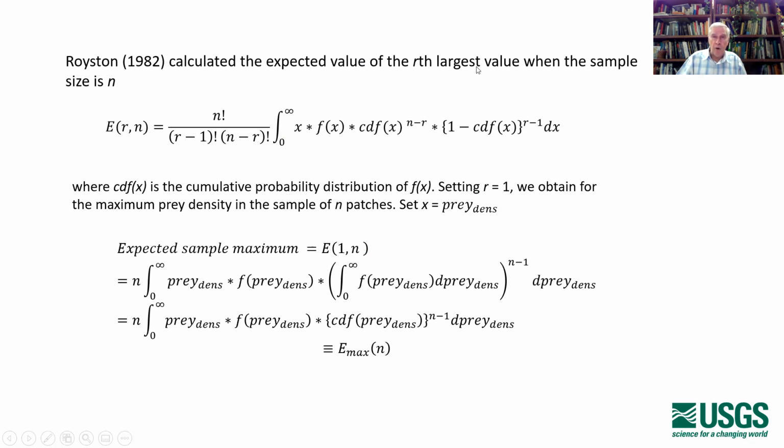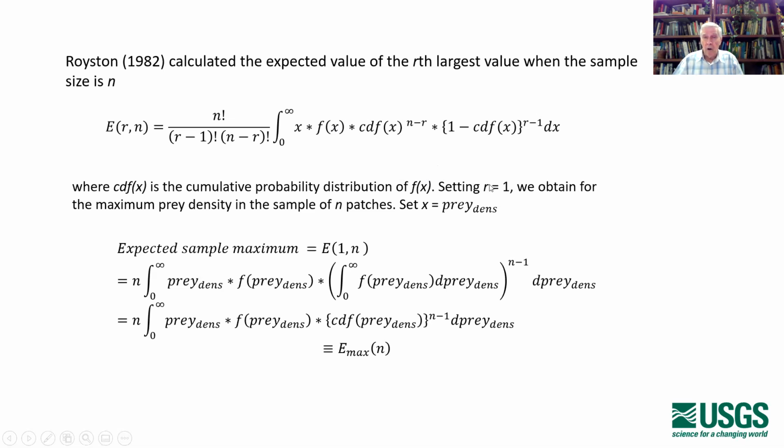An expression for the rth largest value within that sample is given by this formula, which depends on the number of patches sampled, the rth highest, the probability distribution, and the cumulative probability distribution of f of x.